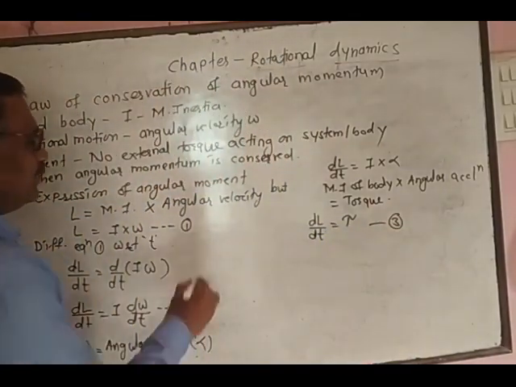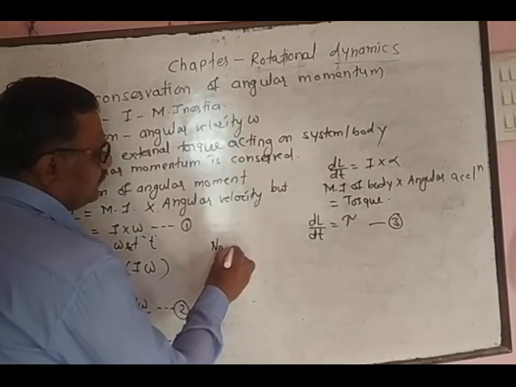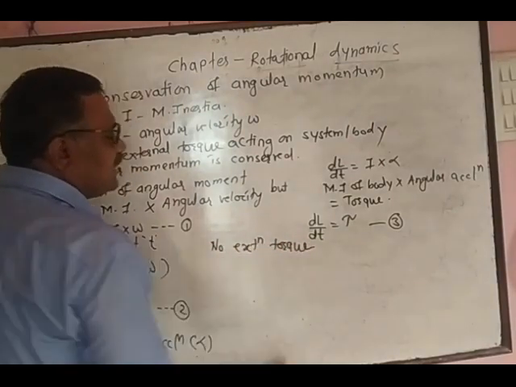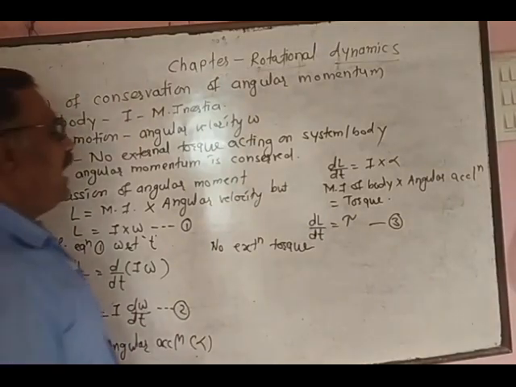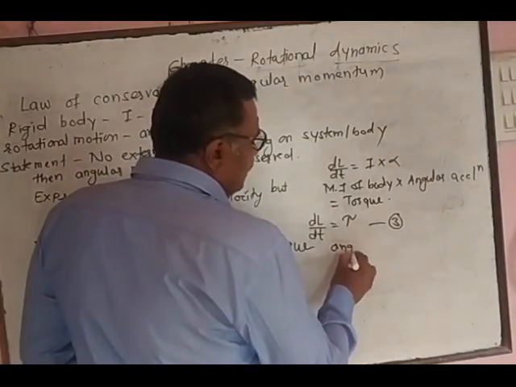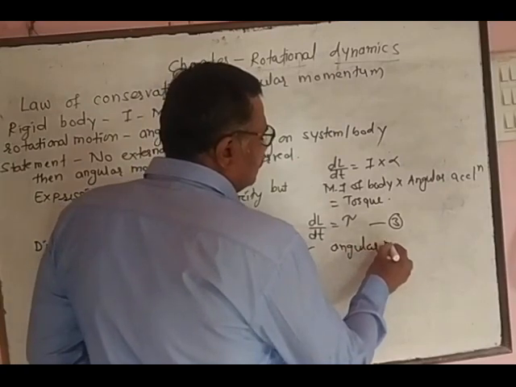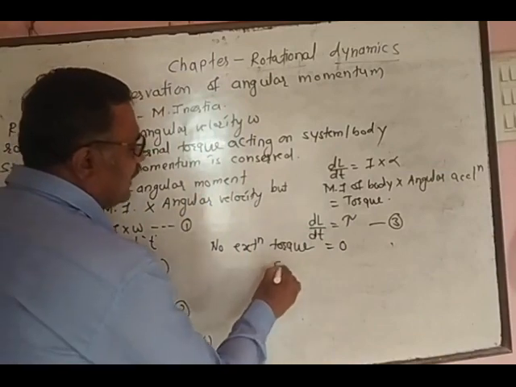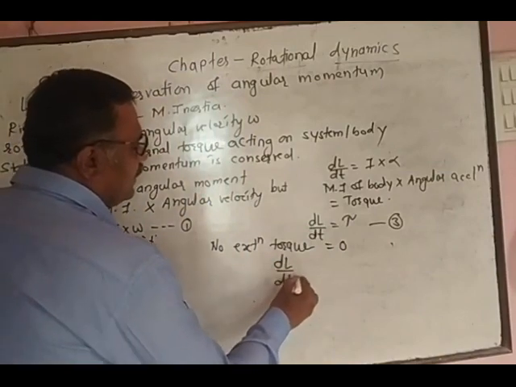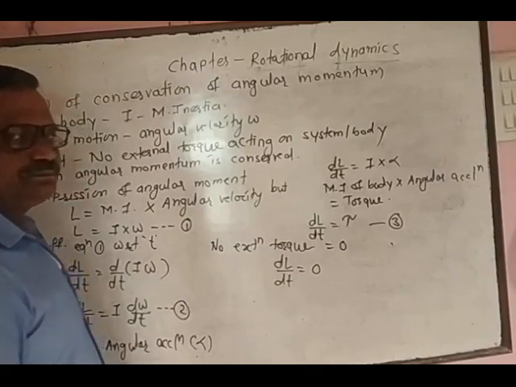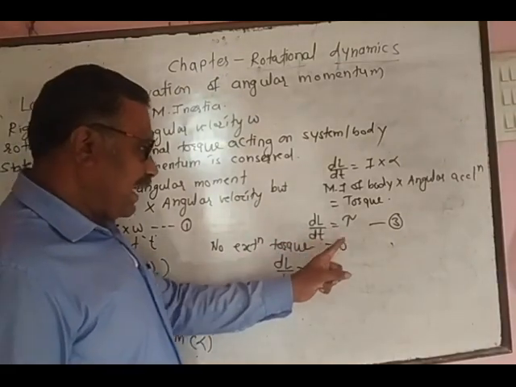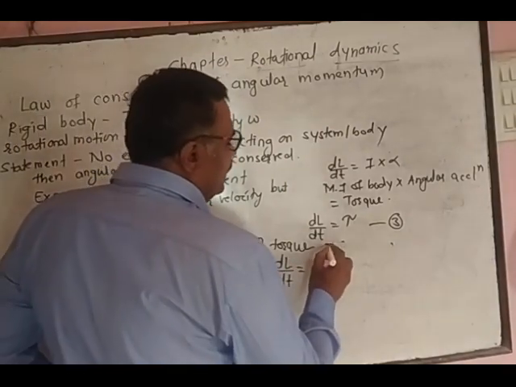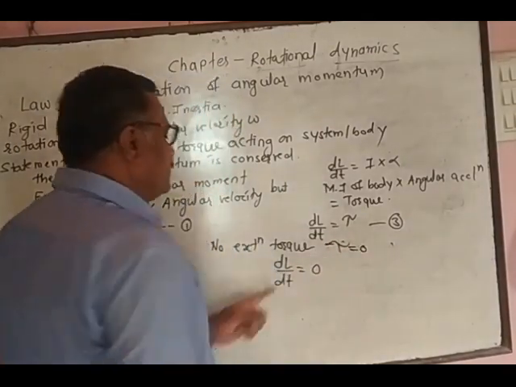Now suppose no external torque is acting on the body. No external torque is acting on the body, therefore we can write dL upon dt is equal to 0. Torque acting on the body is 0, and therefore dL upon dt is equal to 0.